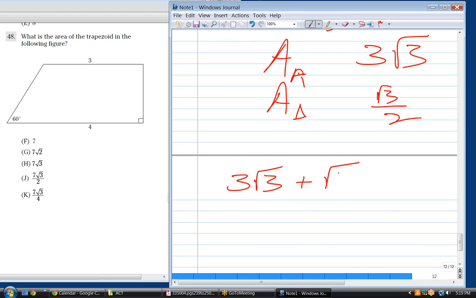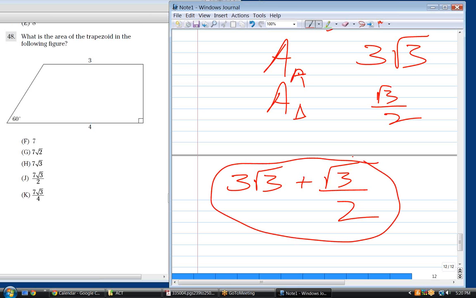Well, I don't know that this is the harder way to do it, necessarily, because the other way requires you to memorize the area of a trapezoid. Not everybody knows that. But let's look at this operation here. What we really have are 3x plus a half x, which is 3.5 x's. Only instead of x, it's root 3.